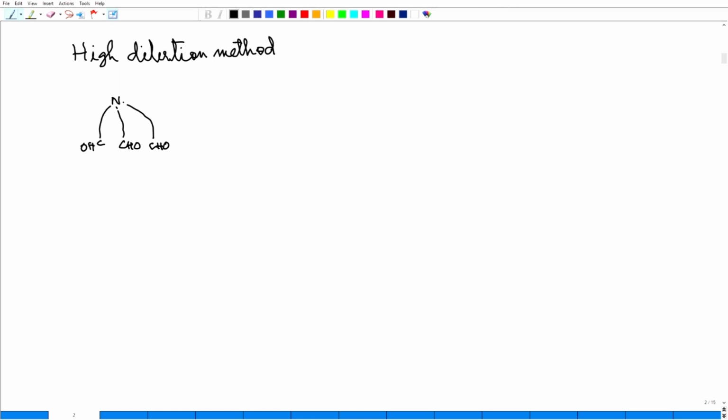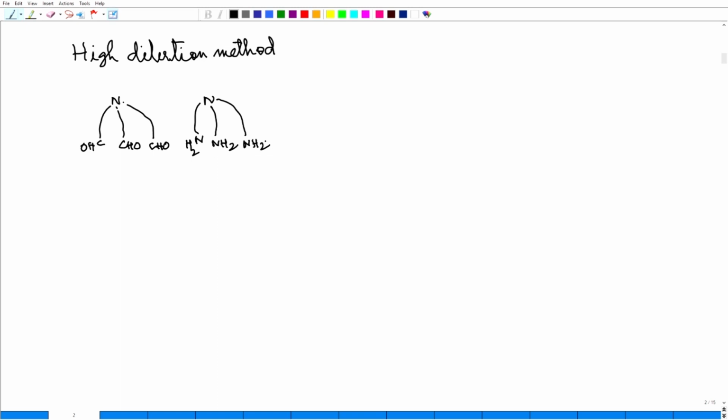So, when we take it in the solution phase, the concentration of this trialdehyde is very small, and then from the top we put this amine, a dilute solution of amine, dropwise.